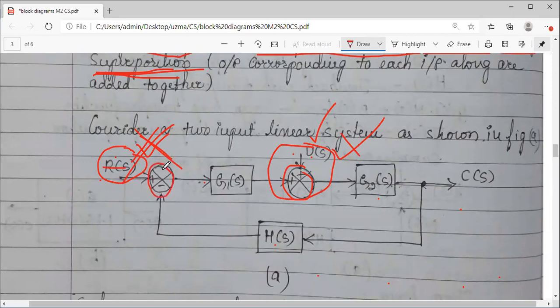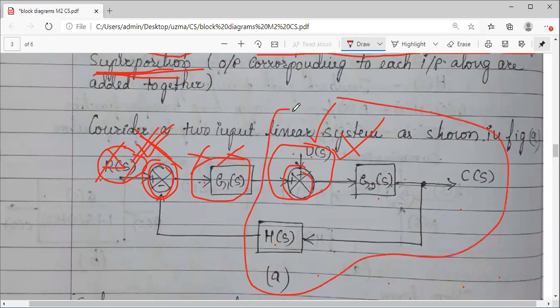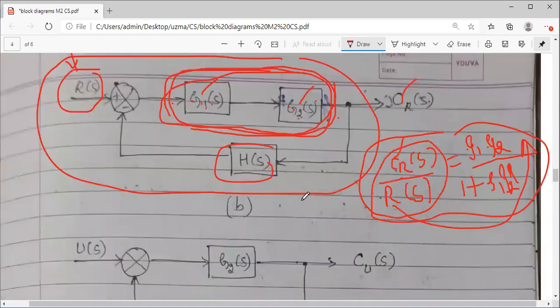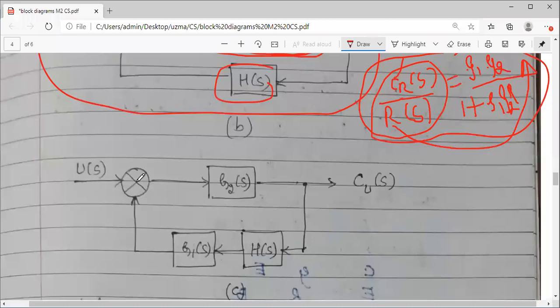There is no question of addition. Simply this will be removed, because of which this will also be removed. This will not be there when I don't consider R of S. If input is not there, what is the question of taking gain? So only this part of the system will exist. Let me redraw it. I have redrawn it. Your U of S is there.